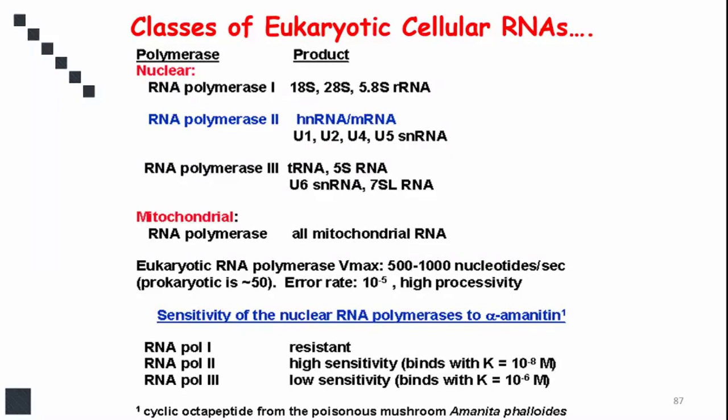Then there is the sensitivity of the nuclear RNA polymerase to alpha-amanitin, which is a toxin. RNA polymerase I has resistance to that. RNA polymerase II is highly sensitive, binds with this particular affinity, and then RNA polymerase III has low sensitivity, binds with K equal to 10 to the power of hundreds of thousands.